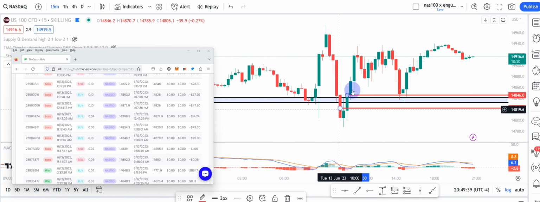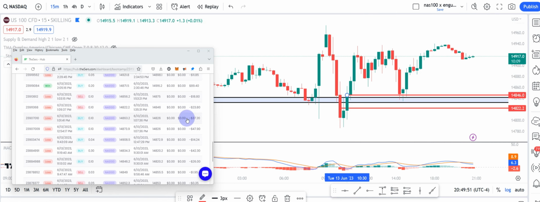So I entered the sell side, and I had my stop loss above the zone. I was thinking it would have rejected the zone before pushing back down. No, it broke right through and above the zone. And then that was a total loss of 23.